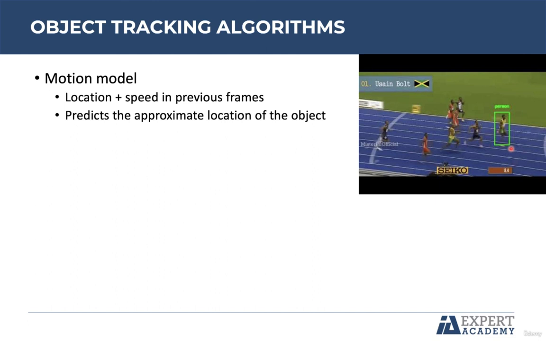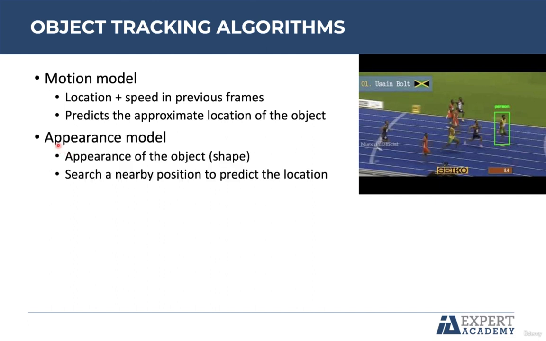The second concept is the appearance model, which, as the name suggests, is responsible for storing the object's appearance or the shape to search for locations close to where the object will be in the next frame, the nearby positions. Some searches will be performed around the object where I am pointing the mouse to predict the next location and speed.